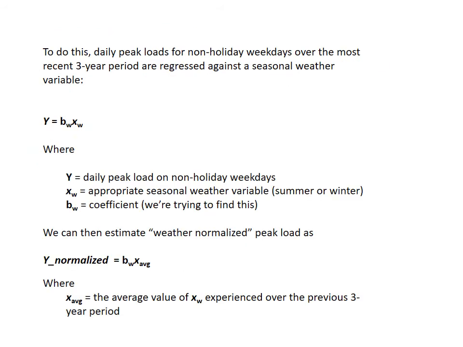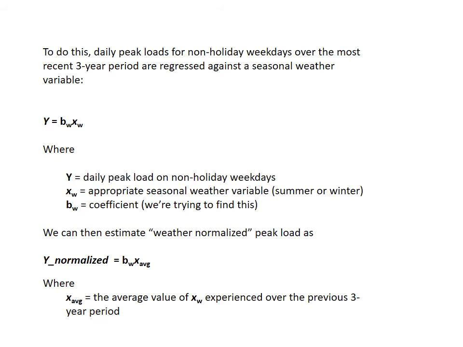So to do this, you take daily peak loads for non-holiday weekdays over the most recent 3-year period, and you regress that against some sort of seasonal weather variable. So here you have the dependent variable, which is y, which is daily peak load. The x here is some sort of appropriate weather variable, whether it's summer or winter. And then b is the coefficient.